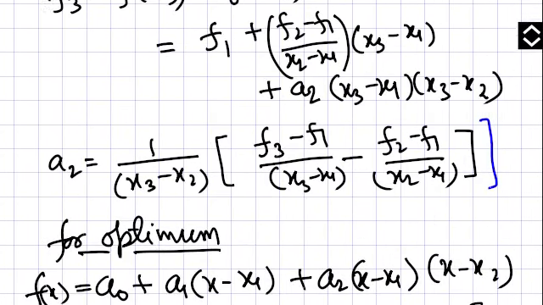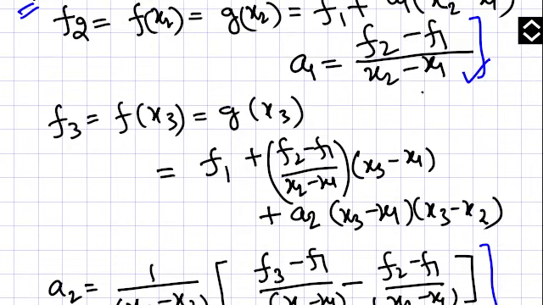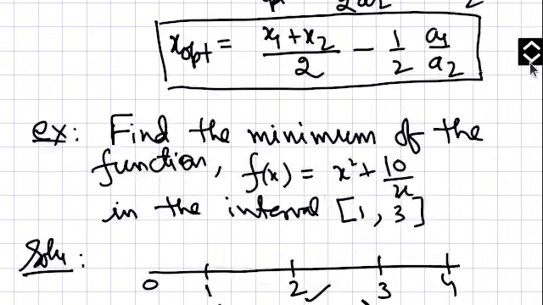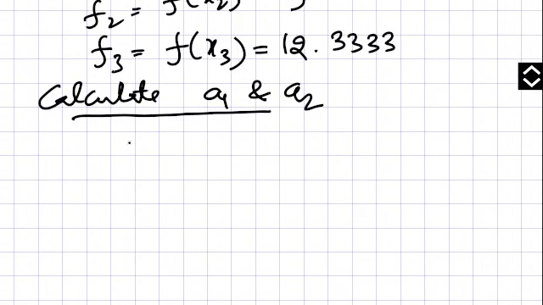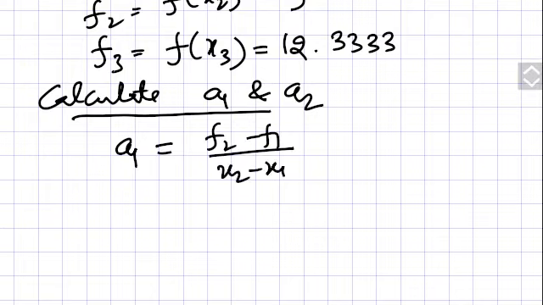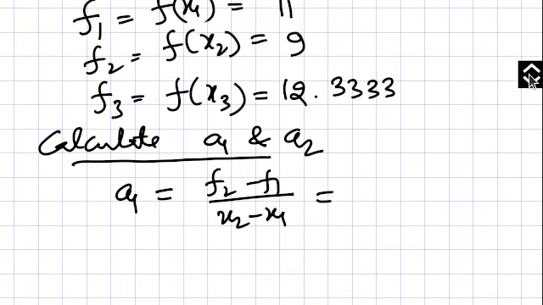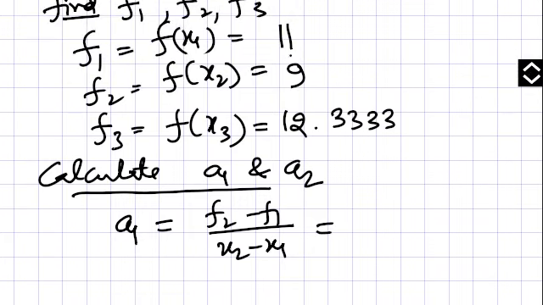So what is the formula used? This is the formula used. For a1 the formula is this: a1 is equal to (f2 minus f1) over (x2 minus x1). When you put all these values here, f2 is this, f1 is this, and x2 and x1 you know, you will get minus 2.